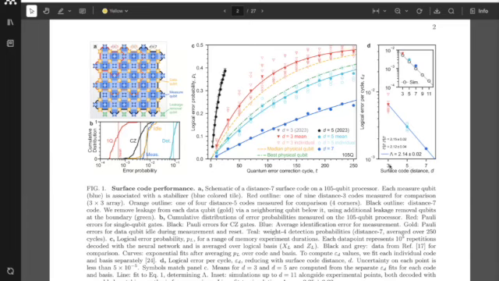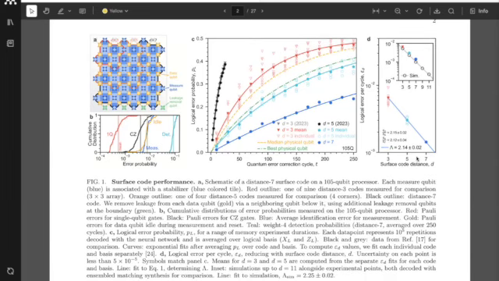As they increase the code distance from 3 to 7, they see that this lambda is quite large: comparing 3 and 5 they get 2.14, and for 5 and 7 it's 2.12, and the average is around 2.14. This shows that they got a larger value of the error suppression parameter. That's what their lambda is.